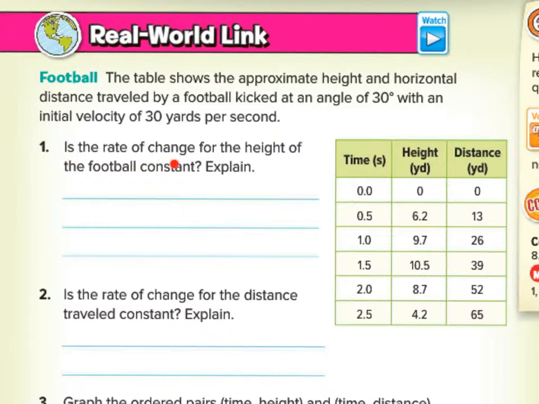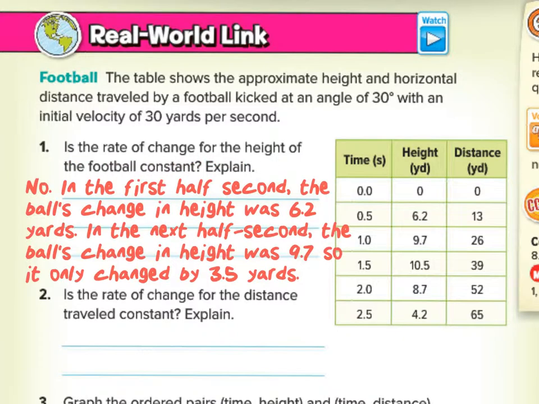So is the rate of change for the height of the football constant? The answer is no. In the first half second, you can see here, the ball's change in height was 6.2 yards, right? It went up 6.2 yards from here to here. In the next half second, the ball's change in height was 9.7, so it only changed by 3.5 yards.